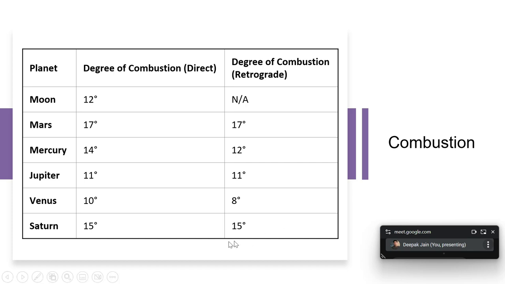In the list we have 6 planets: Sun, Moon, Mercury, Jupiter, Venus and Saturn. In total we have 9 planets, but it is said that Rahu and Ketu are not considered as combust.